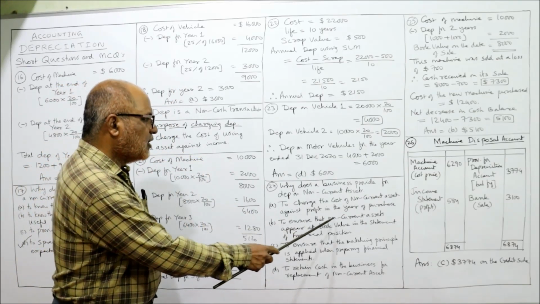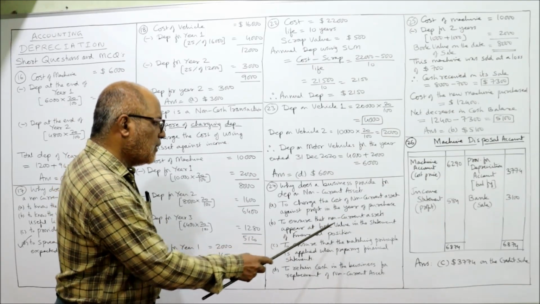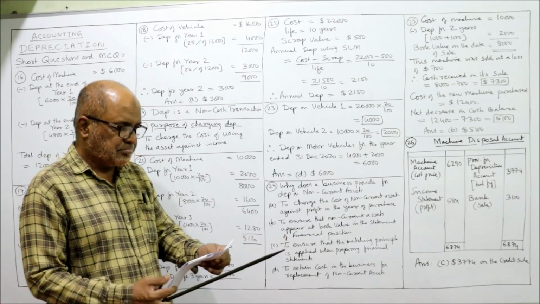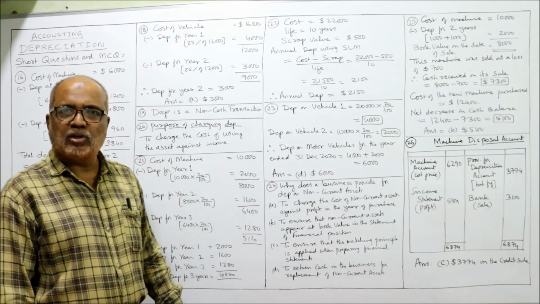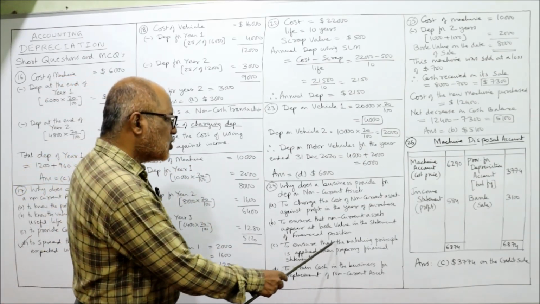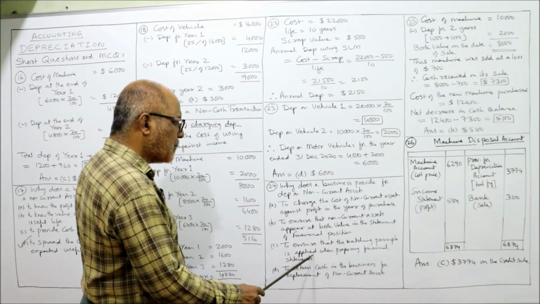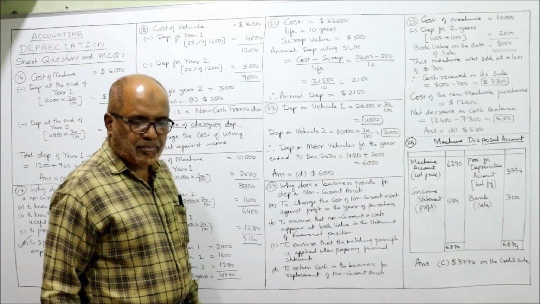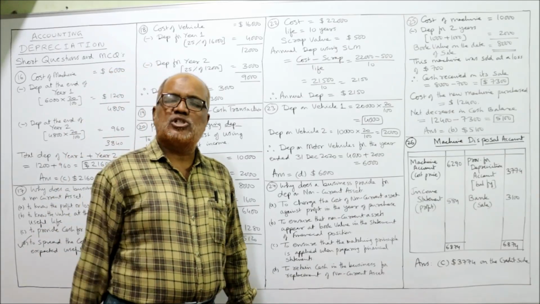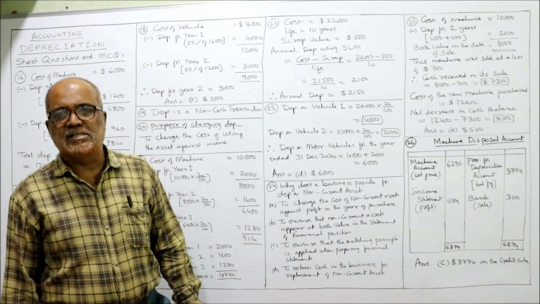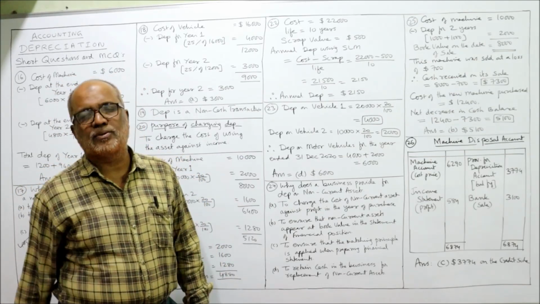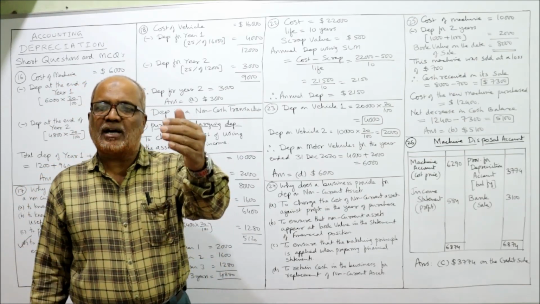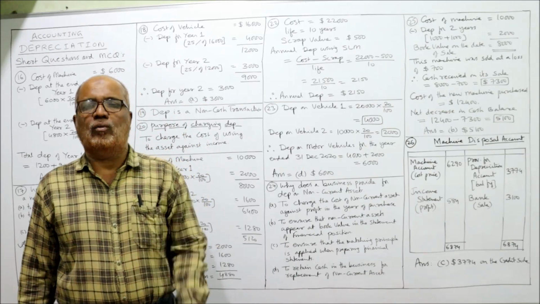Second, to ensure that non-current assets appear at the book value in the statement of financial position. No, this is also not the right answer. Third, to ensure that the matching principle is applied when preparing financial statements. The matching principle is the accrual concept, where we match the current cost with the current revenue.